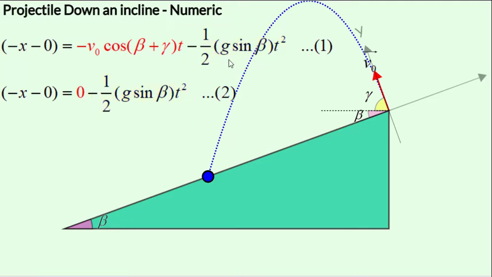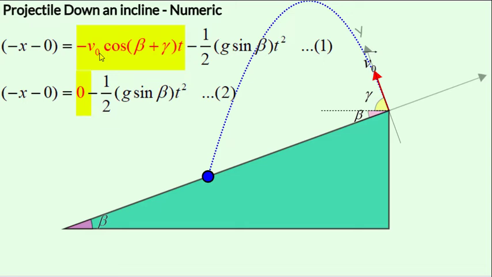And the time t is the same for both equations, that is the time from the launch all the way to the landing, which implies that the first terms of the right-hand side, colored in red, should be the same. So v0 cos of beta plus gamma times t should be equal to 0.